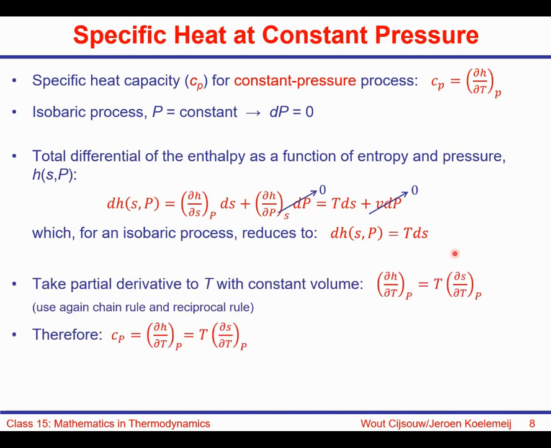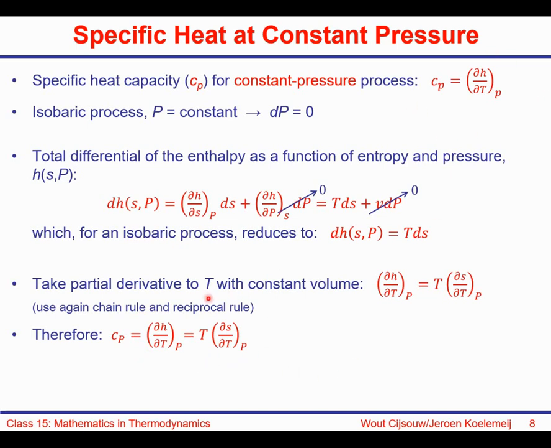And then we're going to take again the partial derivative of the enthalpy with respect to the temperature, for which we again use the chain rule and the reciprocal rule. And then we end up with this definition of Cp. The first expression here is our original definition that we also have here.